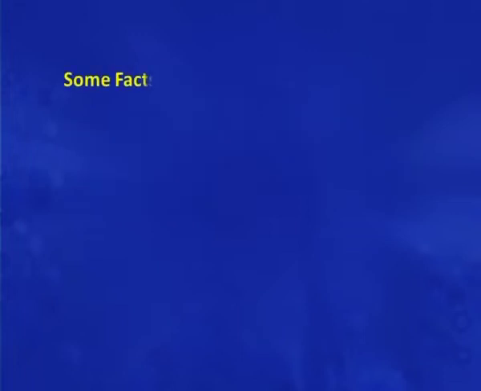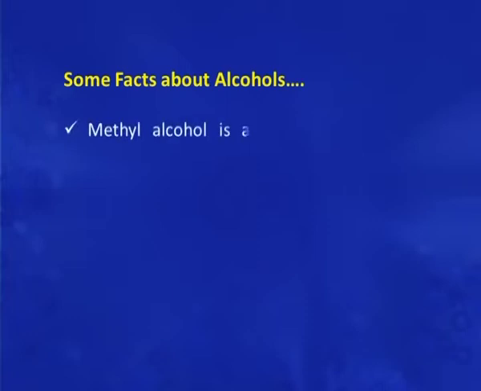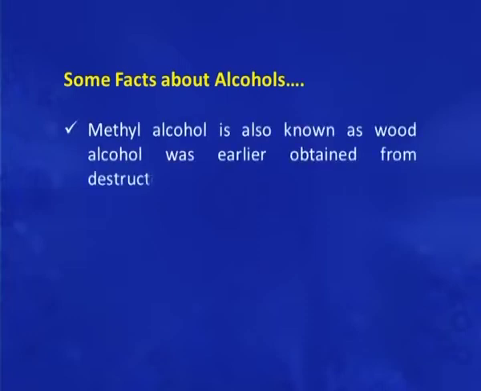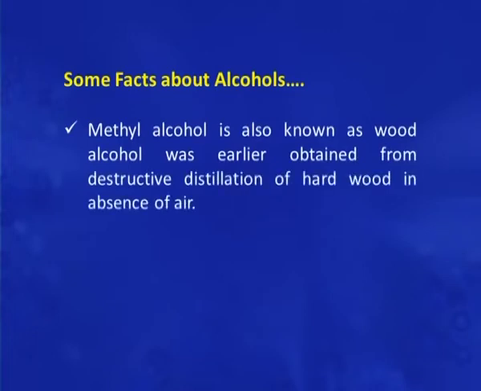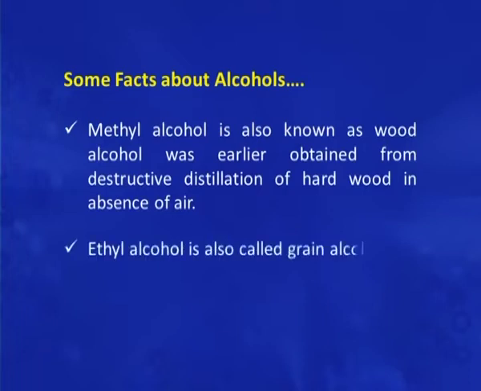We will now tell you some facts about alcohols. Methyl alcohol is also known as wood alcohol and was earlier obtained from destructive distillation of hardwood in absence of air. Ethyl alcohol is also called grain alcohol.